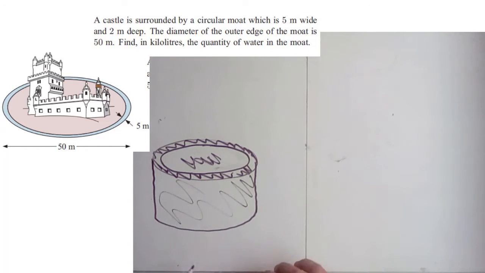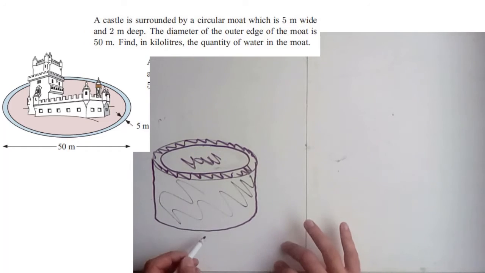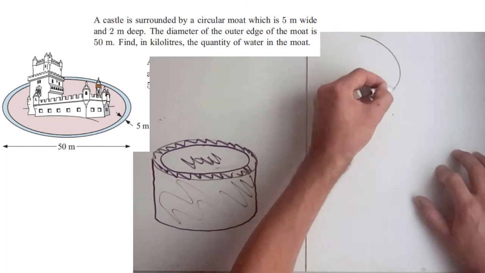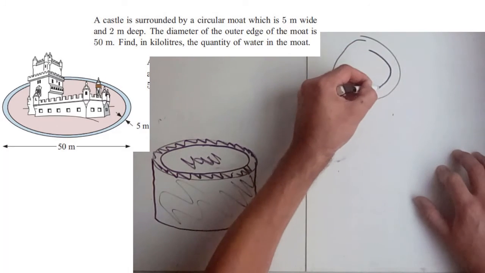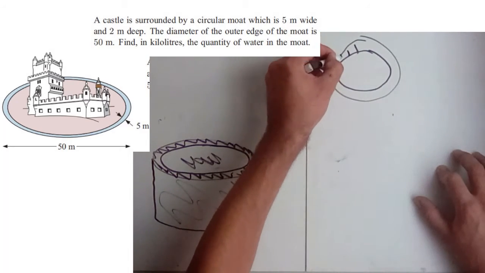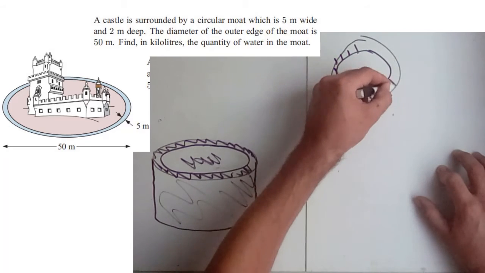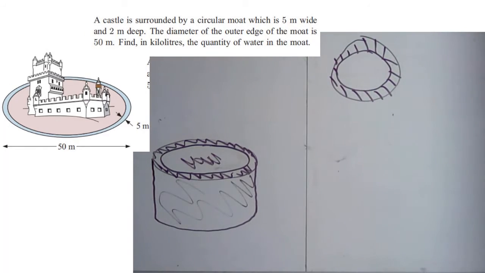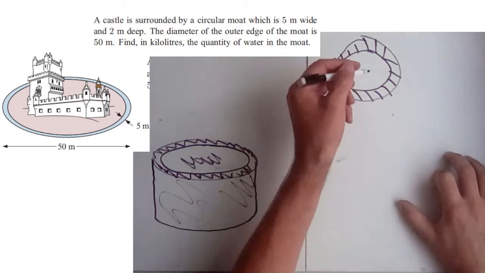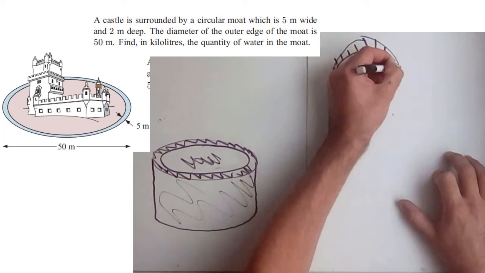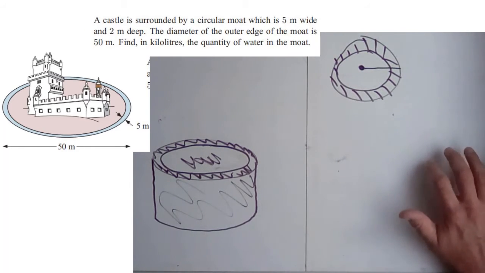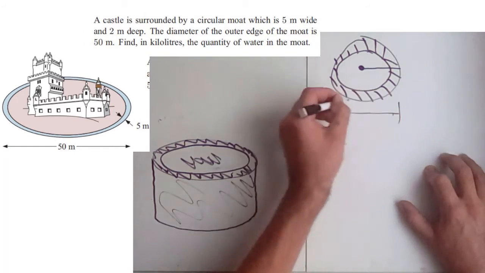So I'm going to treat this as something with a cross section that looks like this. So cross section, that's not the best drawing, but it'll have to do. So this is our cross section, and as you're looking, imagine you're looking straight down at the moat, and then this has, we're told, the outer radius, so from the centre, the middle of the castle, right in the middle of that circle, we're told this diameter is 50 meters.